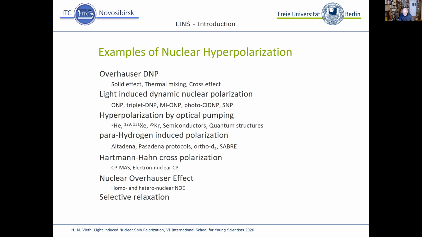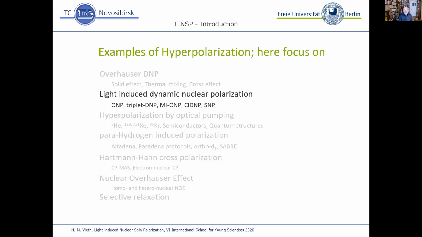With all these techniques, you create non-thermal polarization. Here we will focus on light-induced DNP, and there are several subgroups of these techniques: optical nuclear polarization, also sometimes called triplet DNP, in the solid phase.